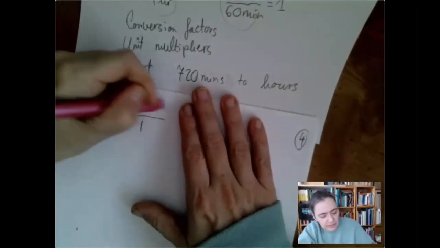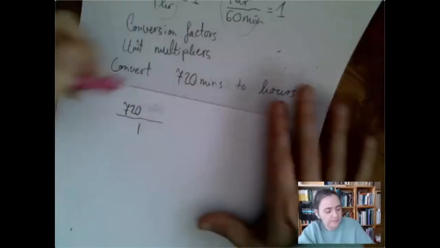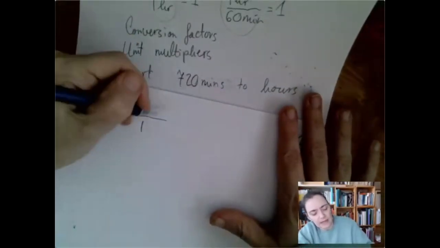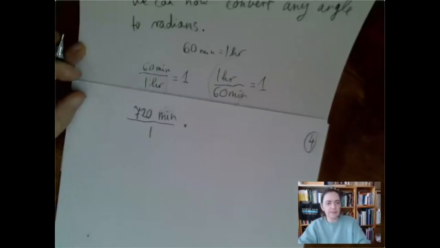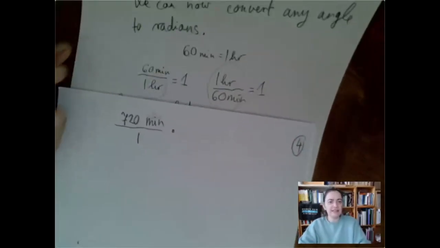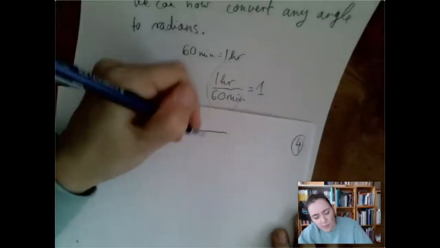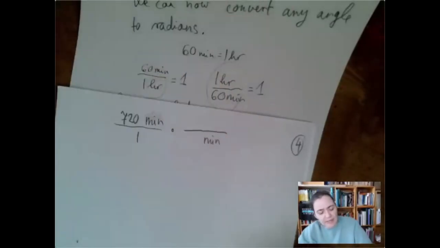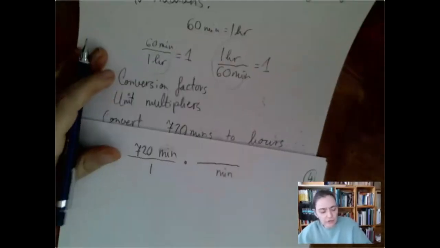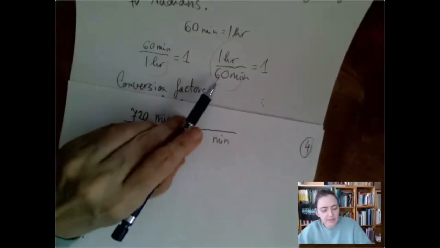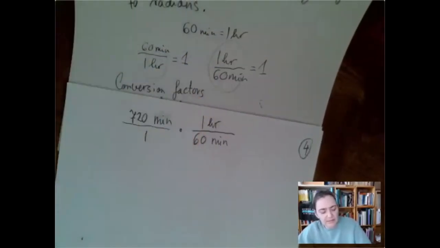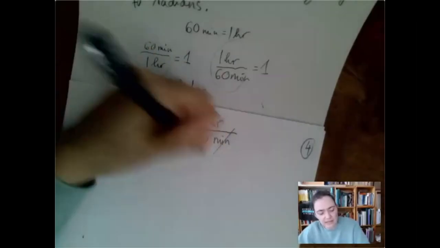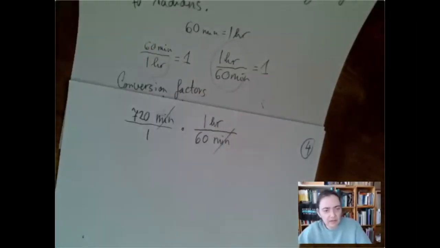So we're going to exploit properties of fractions. You can write down these two unit multipliers, but basically what we want to do is cancel out the minutes and bring in the hours. So the moment you decide that the denominator should have minutes, then you know that it's this one. It's 1 hour divided by 60 minutes. And then minutes is canceled out. And now we have hours.